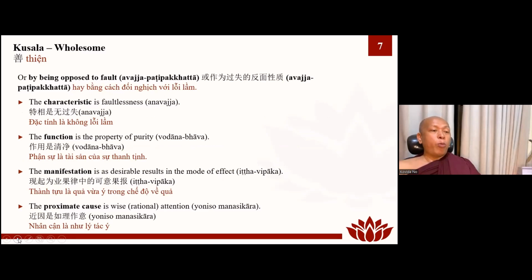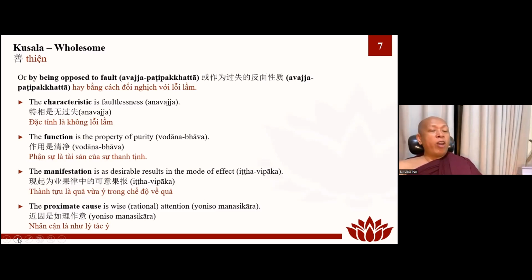The function is the property of purity. The manifestation is desirable results and the mode of effect. The proximate cause is wise attention. So these are the characteristics, function, manifestation, and proximate cause of wholesome consciousness.